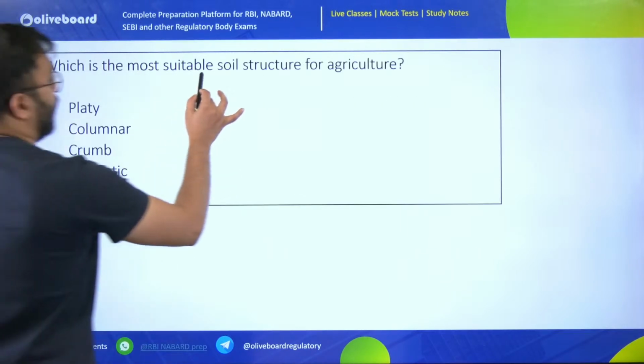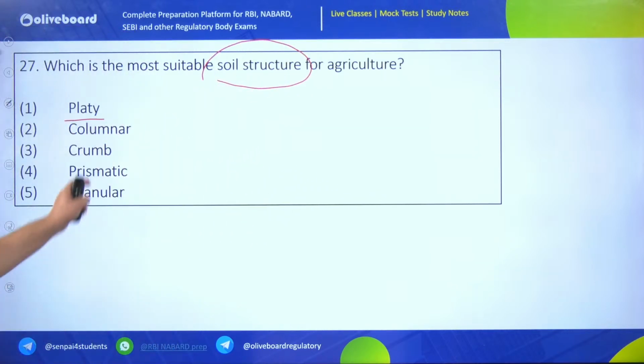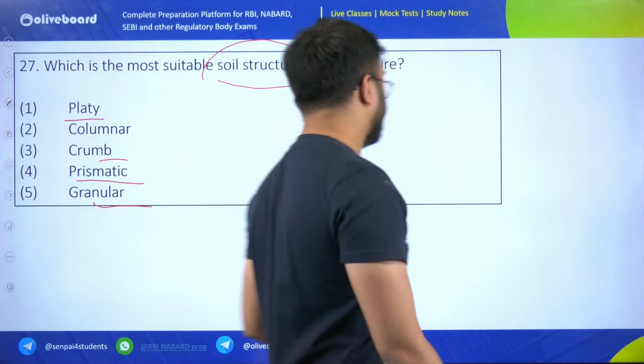Most suitable soil structure for agriculture is what? Platy, columnar, crumb, prismatic and granular.